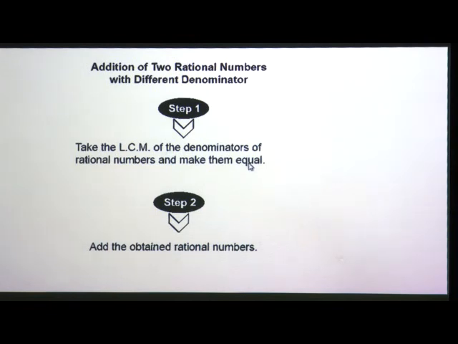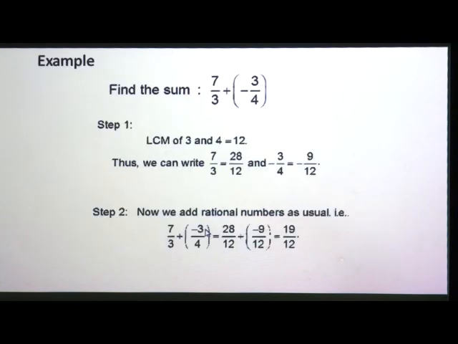So, it is very easy to find an LCM. Now, second step is add the obtained rational numbers. What we are getting, that we have to add. So, we will see examples of this when denominators are different.